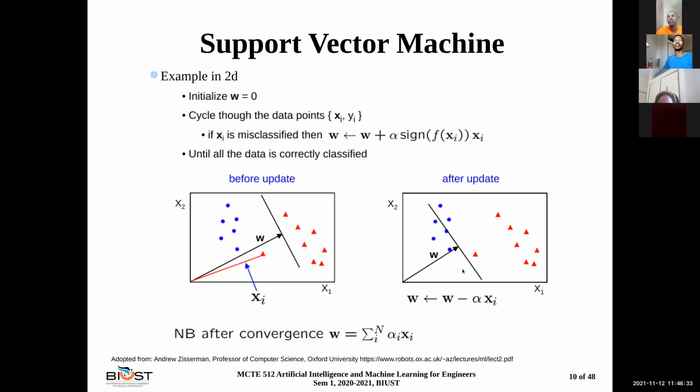So you keep on changing until probably your final line will be somewhere here iteratively, so that now you have classified everything correctly to be greater than 0, and this one correctly to be less than 0. Okay, so that's perceptron.